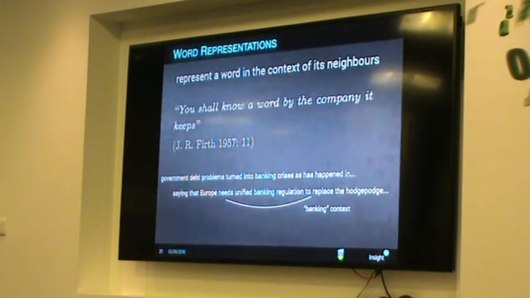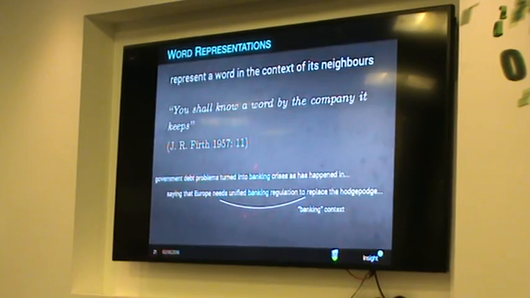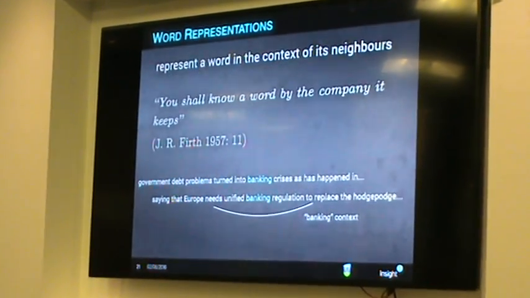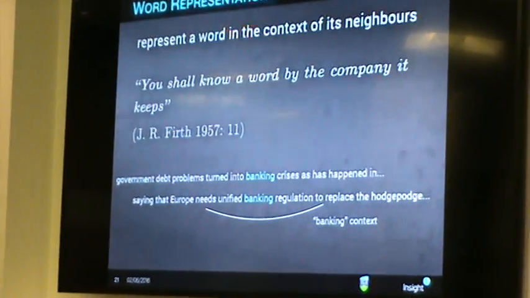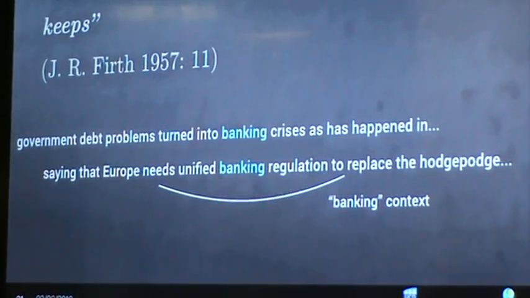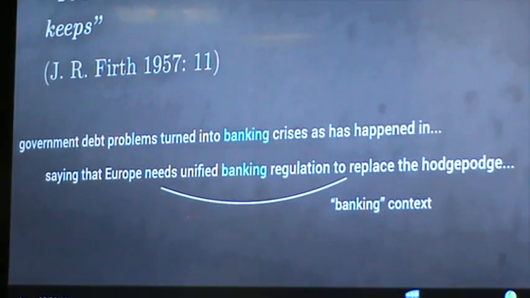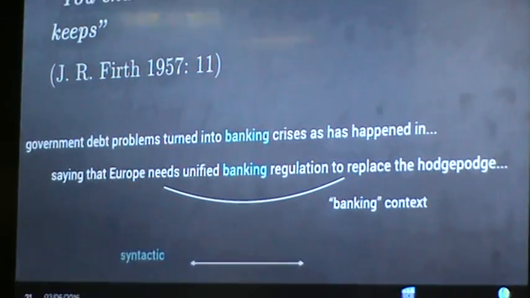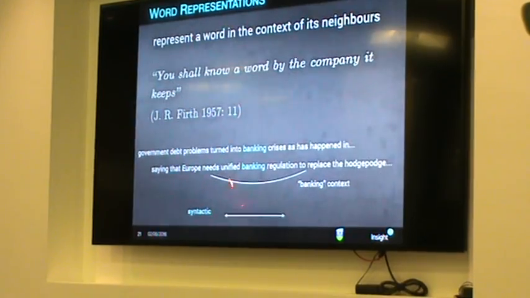Here's an example. These are just extracts of text, and the keyword here will be banking. If we look at the words before and after banking, we can see words like crisis, government debt problems, Europe, unified regulation, and so on. These words represent the context for banking. Now we can get different views of this context.